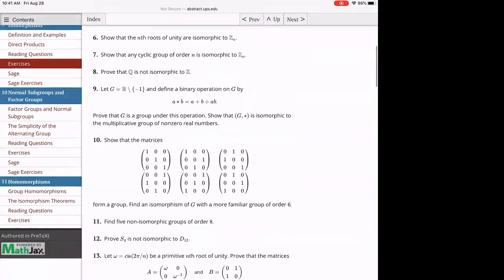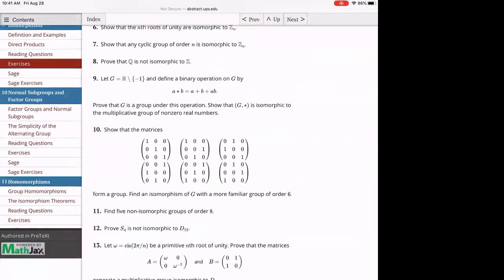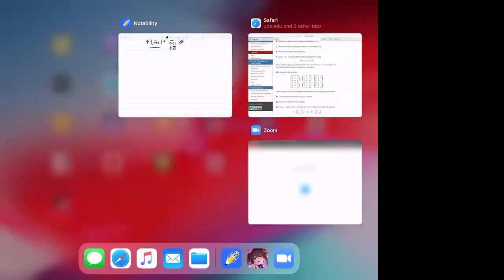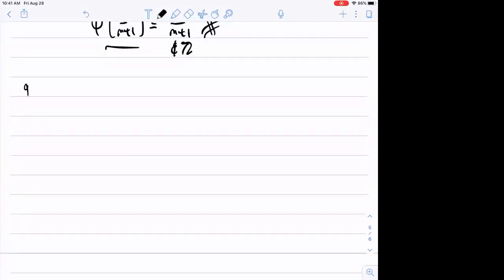Okay, let's do something a bit harder. I'll do part of 9. G is the real numbers without -1, and we're going to define the operation to be very weird.